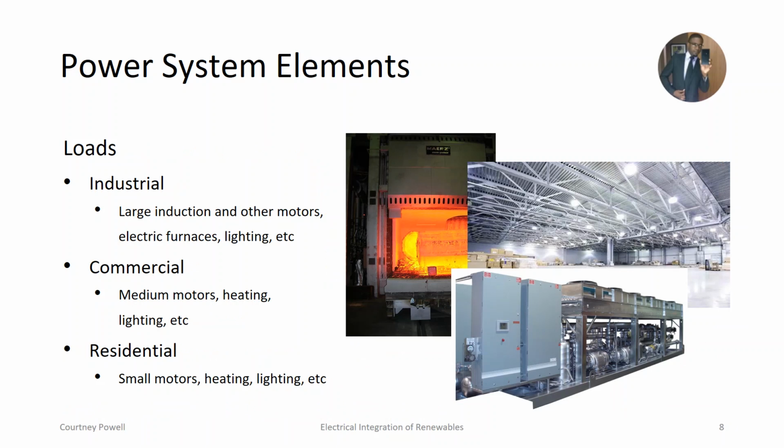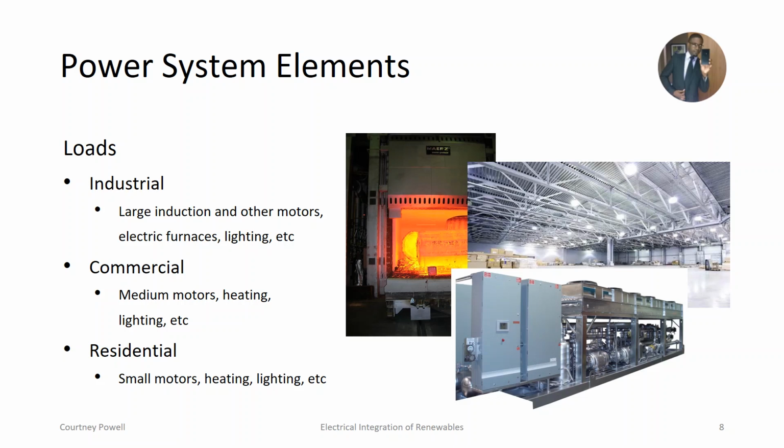In terms of power system elements, there is the load itself, which is the end user or systems that are part of the end user's system. So we look at different classes of loads.